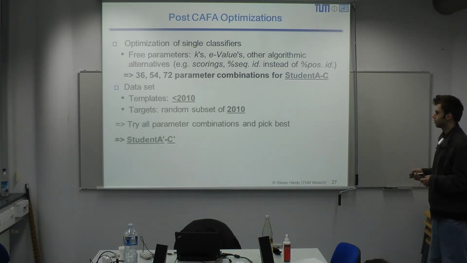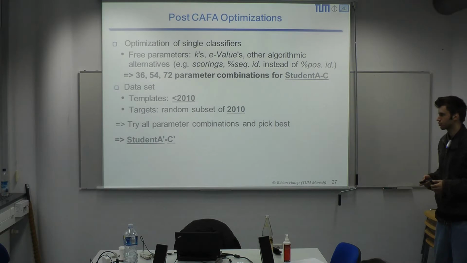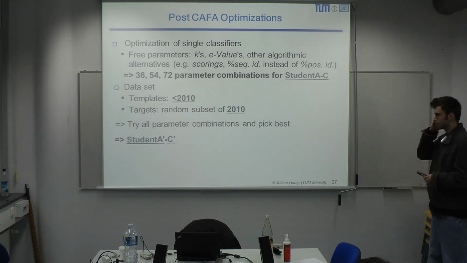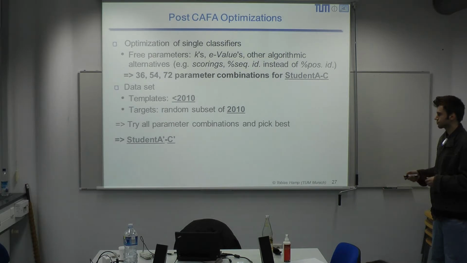We tried out all these parameter combinations, and we simply picked the one that performed best among all. The optimized methods were then called student A prime to C prime.